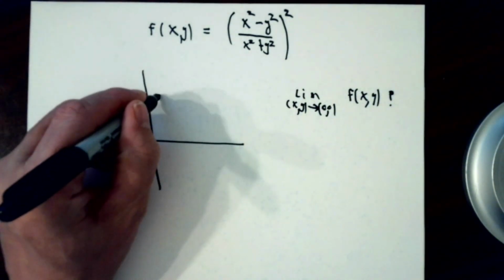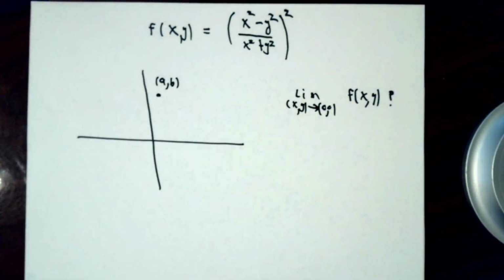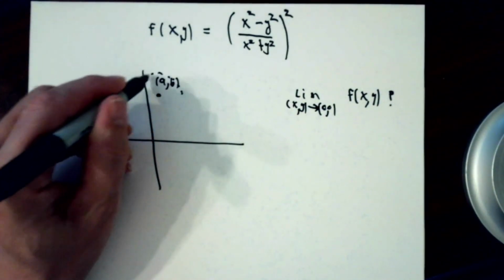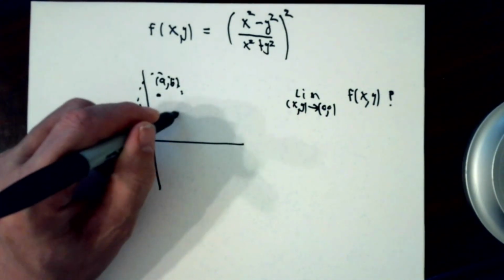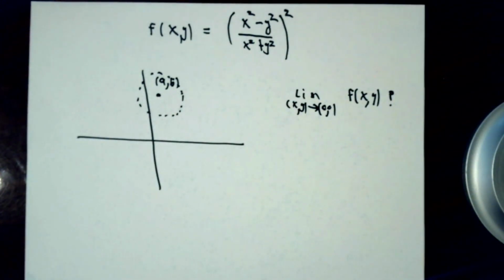If my point were here, then I can draw a little disk centered at that point, small enough to exclude the origin. The function makes sense everywhere inside that dotted circle. Polynomial upstairs, polynomial downstairs.